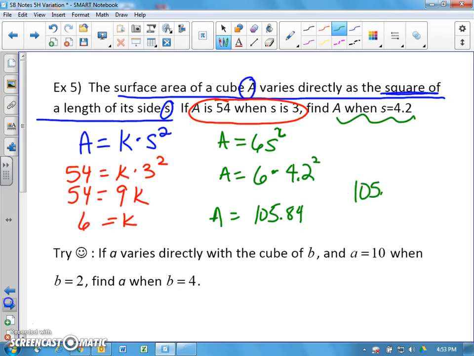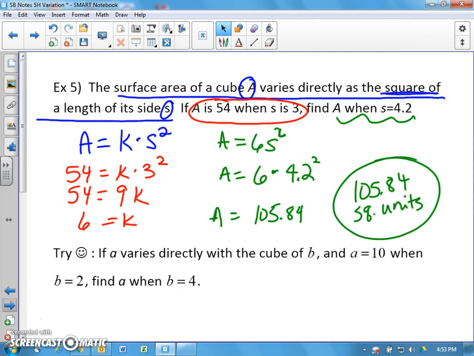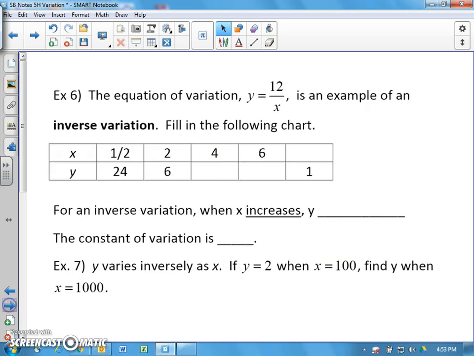They don't give us any particular measurements, so we're just going to say square units. Now it's your turn. Stop the video and try the following problem. When you get back to class, your teacher will check that with you. Okay, let's move on to inverse variation.